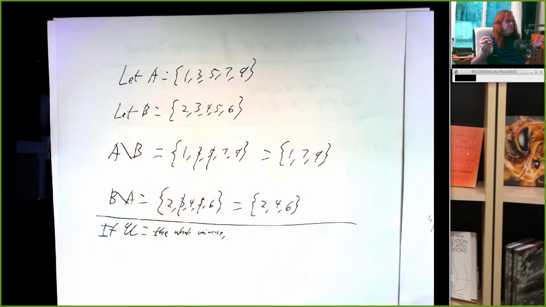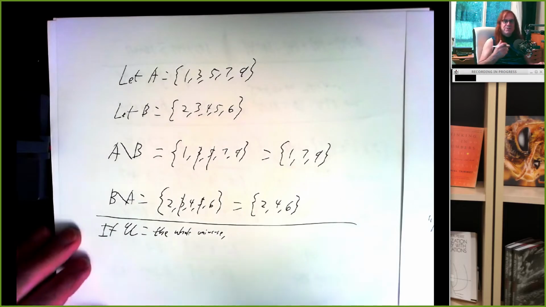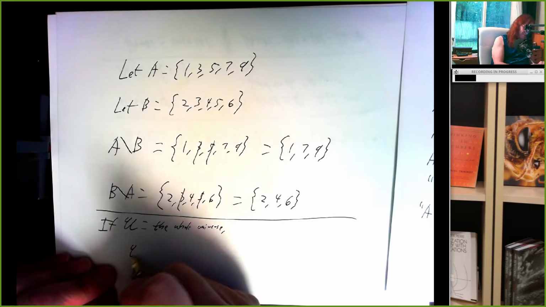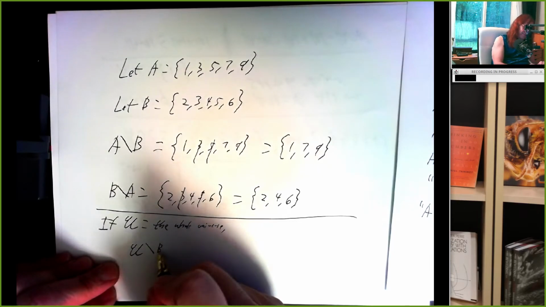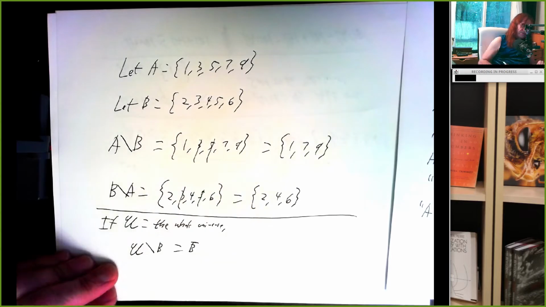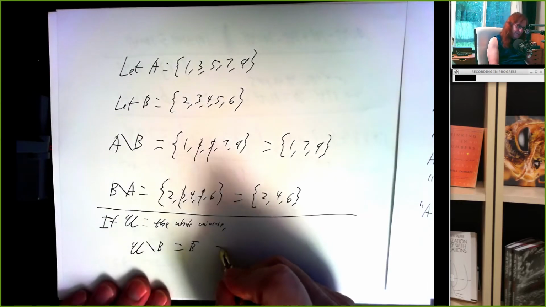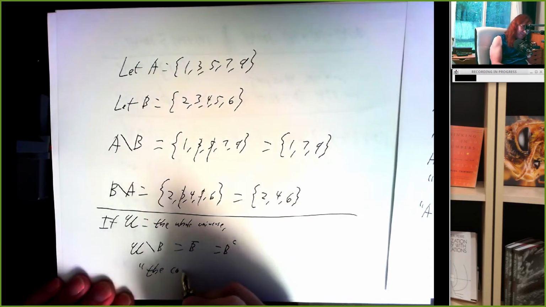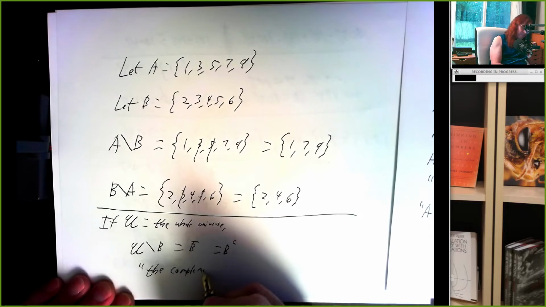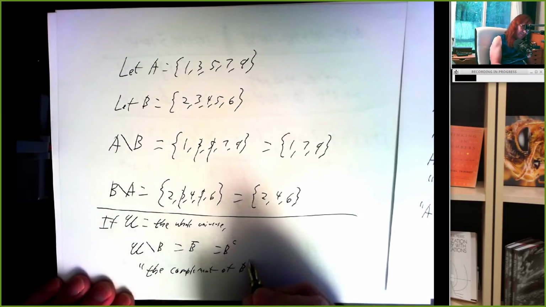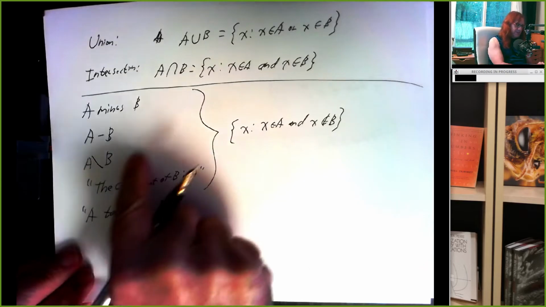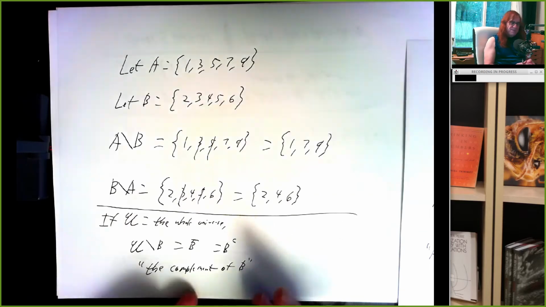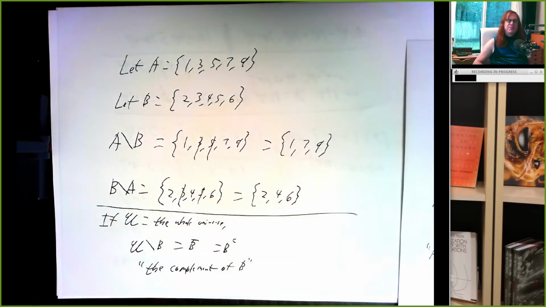So if U is the whole universe, if U is the set of everything that we could be working with, the collection of all things from which we might build sets, then U take away B we just write as B with a bar on top, or sometimes B with a little c on top, and we just call that the complement of B. So A take away B is the complement of B in A. But if A is the whole universe, the complement of B in the whole universe, we just call that the complement.